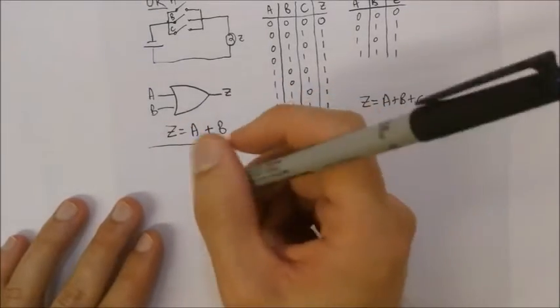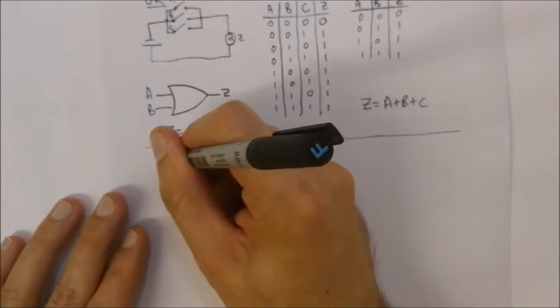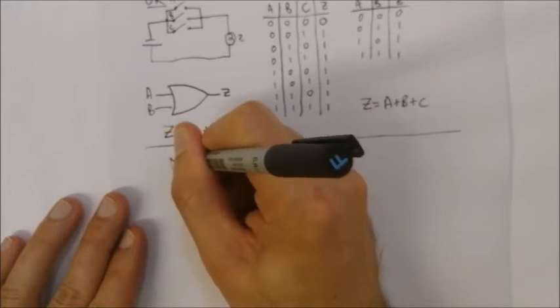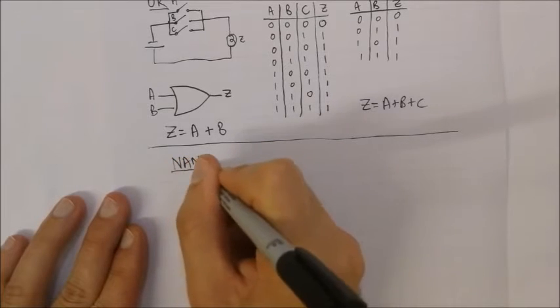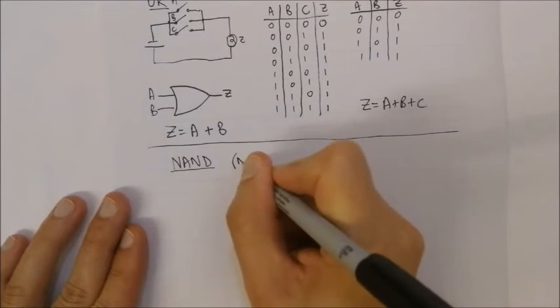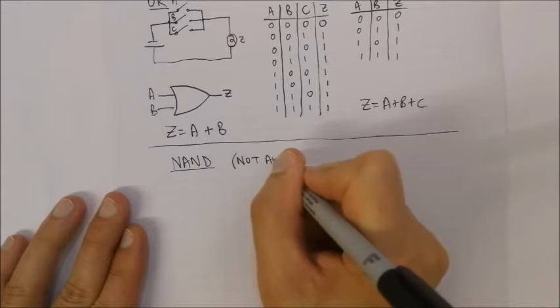Now this is a little bit more of an advanced gate, which is known as the NAND gate. And the NAND gate stands for not AND.